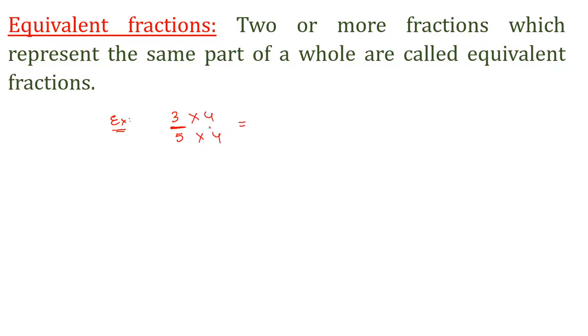I am multiplying both numerator and denominator with the same number. So what will you get here? 3 4s are 12 by 5 4s are 20. So this 12 by 20 is an equivalent fraction of the given fraction, which is 3 by 5. And also you can tell the same definition in this form.